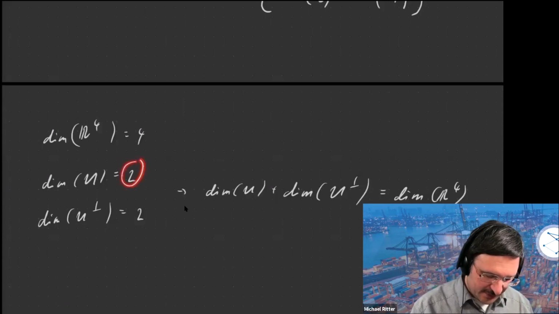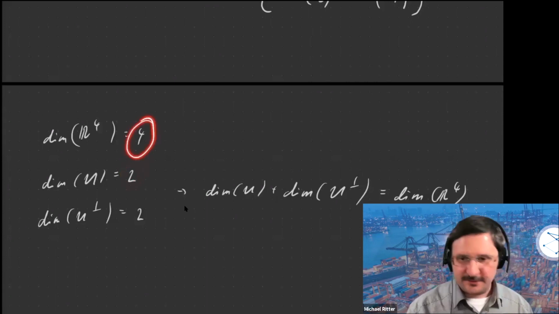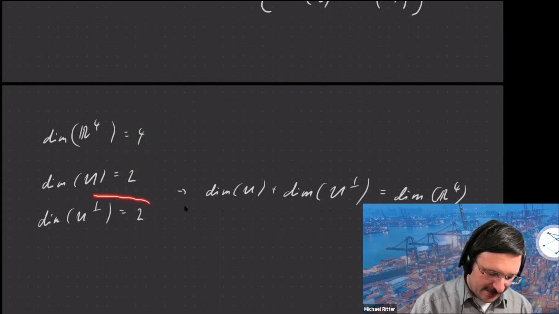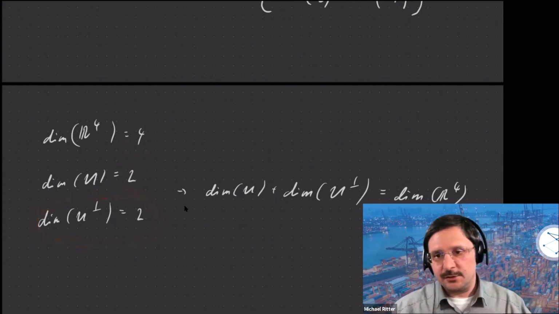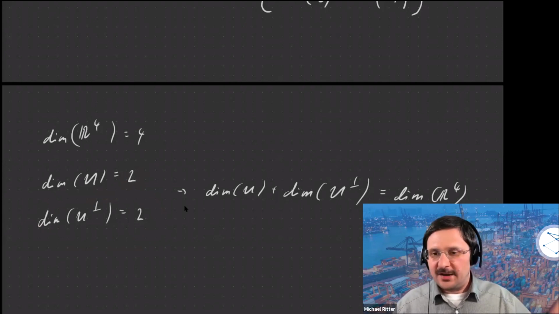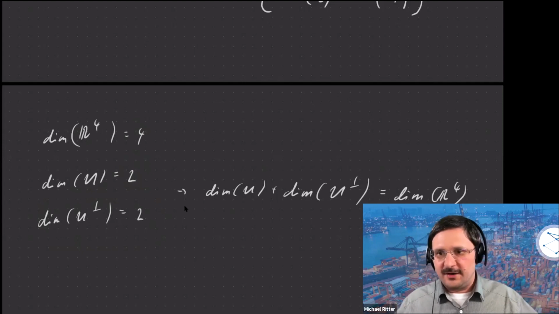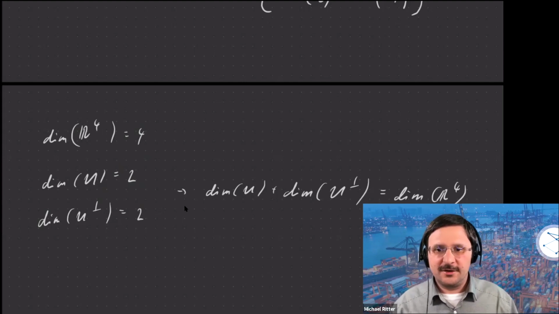And once we know the dimension of U to be 2 and the dimension of the original space 4, that means the remaining dimension for U ortho must be 2. So that's why we need 2 basis vectors for that. So U and U ortho together span the whole space. So of course, their dimensions combined need to make up the dimension of the whole space.